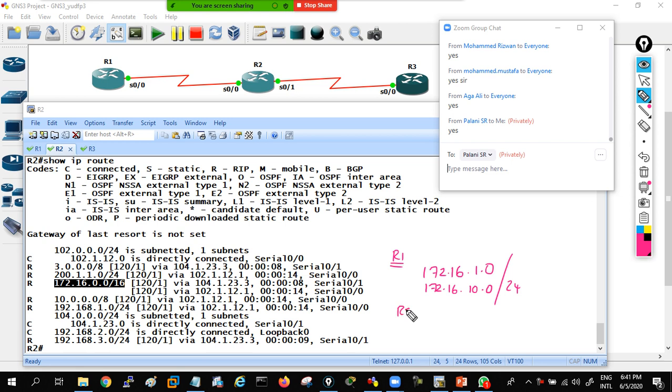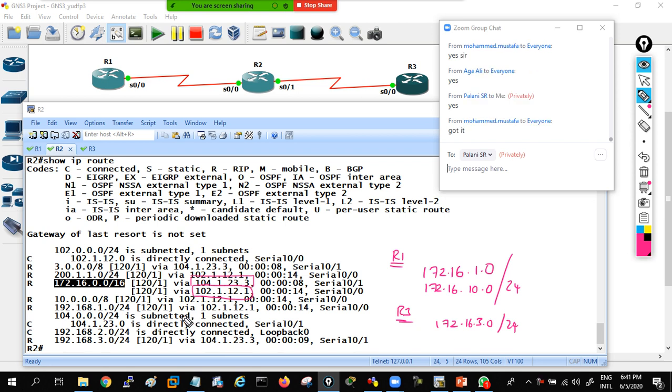In router 3 we configured 172.16.3.0, right? Whenever you don't use no auto-summary, it's summarized and it's sending to router 2. Hi router 2, if you want to reach 172.16.0.0 network, you can go via router 1, this is one, and you can go via router 3, right, guys? Everybody understand what is the importance of auto-summary, no auto-summary? Guys, everybody is okay or not?